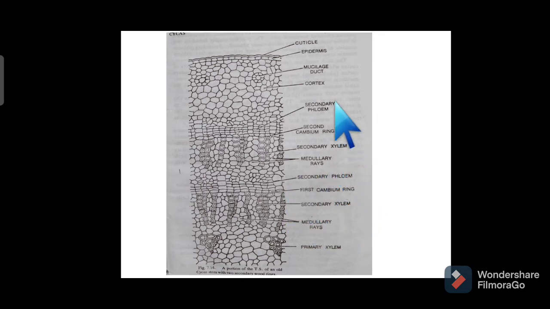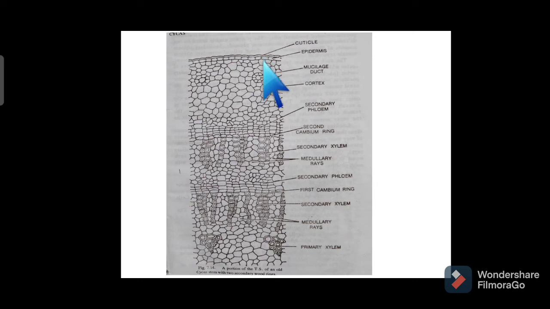Here the Cork Cambium, that is the phellogen, develops from the outer layer of the cortex.